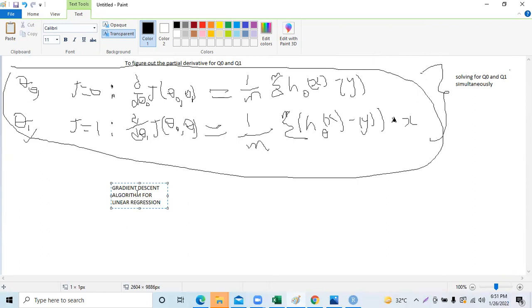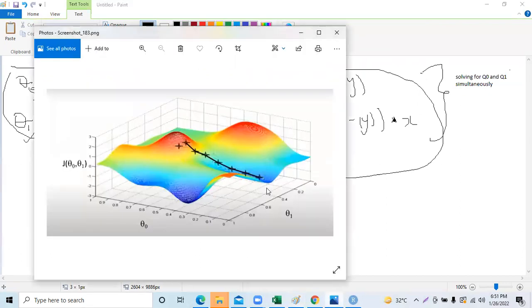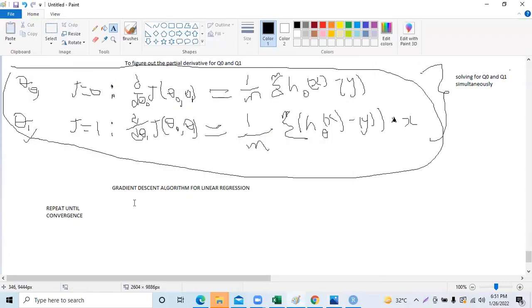Now that I've fit my cost function to my gradient descent, this is our final formula. So gradient descent for linear regression is, let me first write repeat until convergence, because that's very important. I'm sure you understand what repeat until convergence means, right? So you keep repeating until you converge at the local minima.